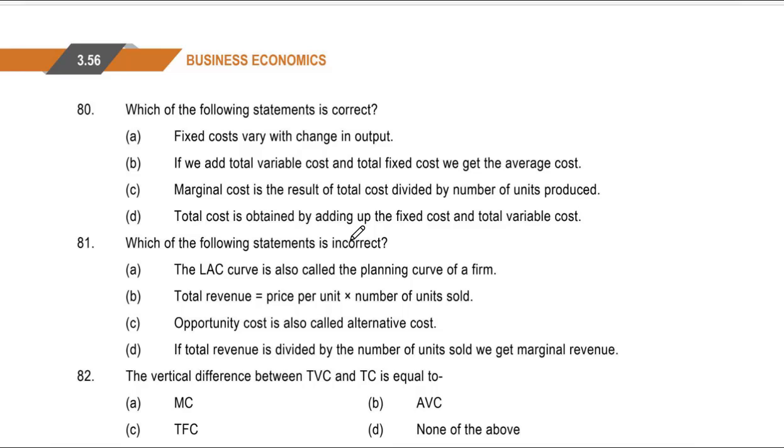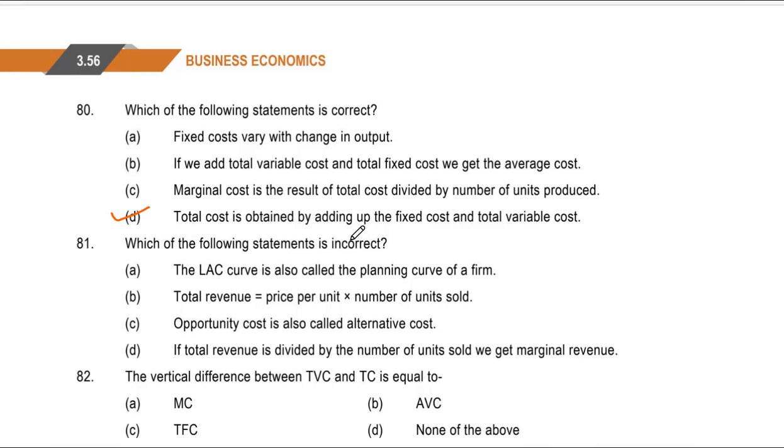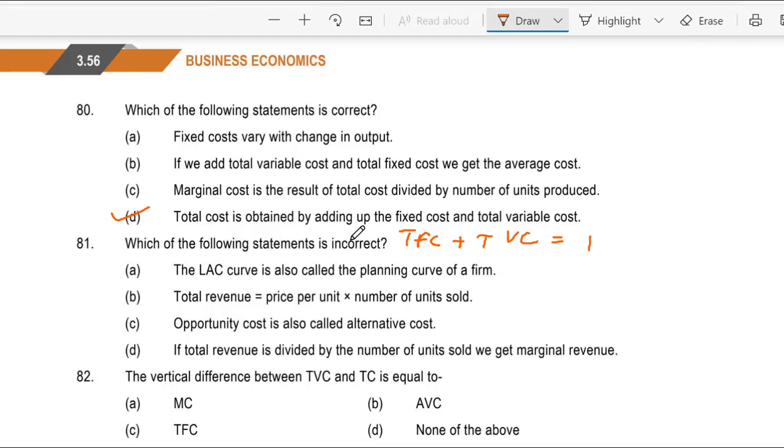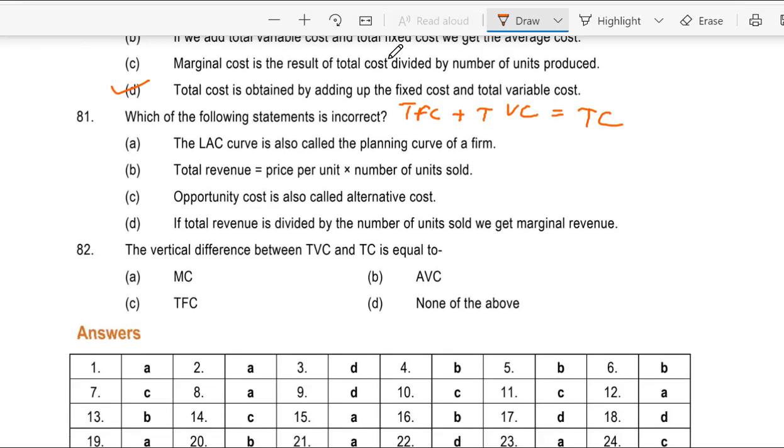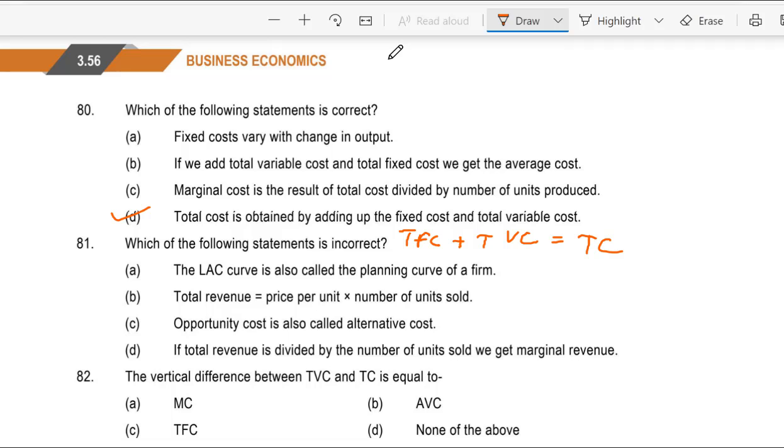Or D. Total cost is obtained by adding up fixed cost and total variable cost. So it is D. That is total fixed cost plus total variable cost equals total cost. 80 D. Let's see 81.